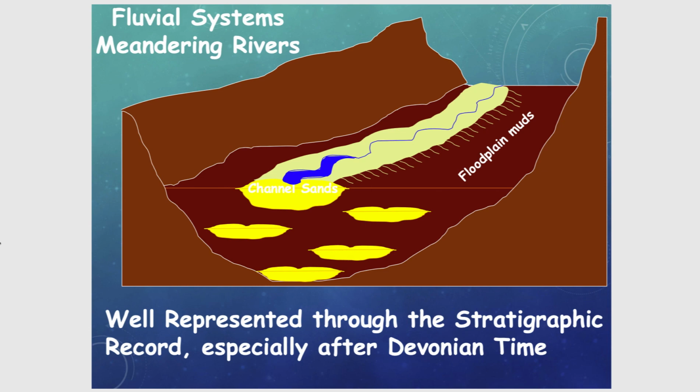So cross stratifications that are commonly found in these meandering rivers can be recovered also, for example, from Devonian times, so relatively ancient times. So both alluvial fans and meandering rivers will have good preservation chances.